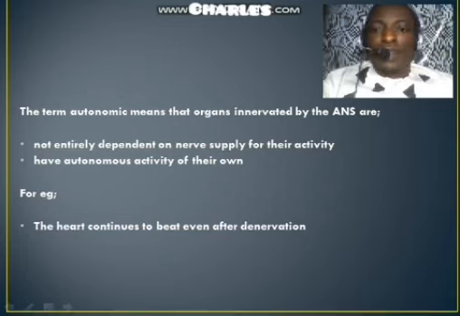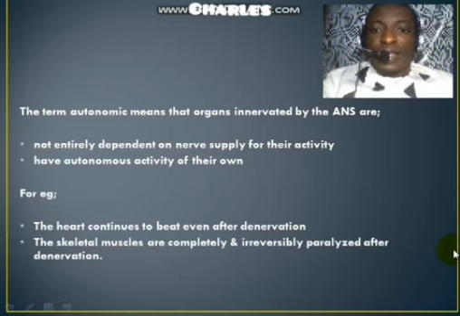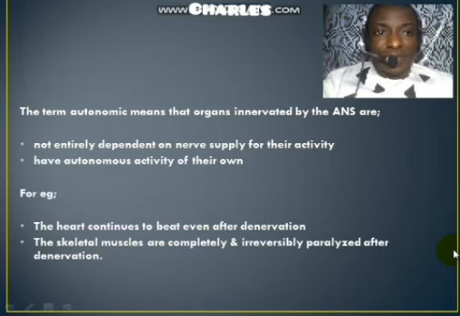Now, the skeletal muscles are completely and irreversibly paralyzed after denervation. Removal of nerve supply or injury to a nerve supplying the skeletal muscles would ultimately lead to paralysis. Skeletal muscles cannot function after denervation, but the human heart can.